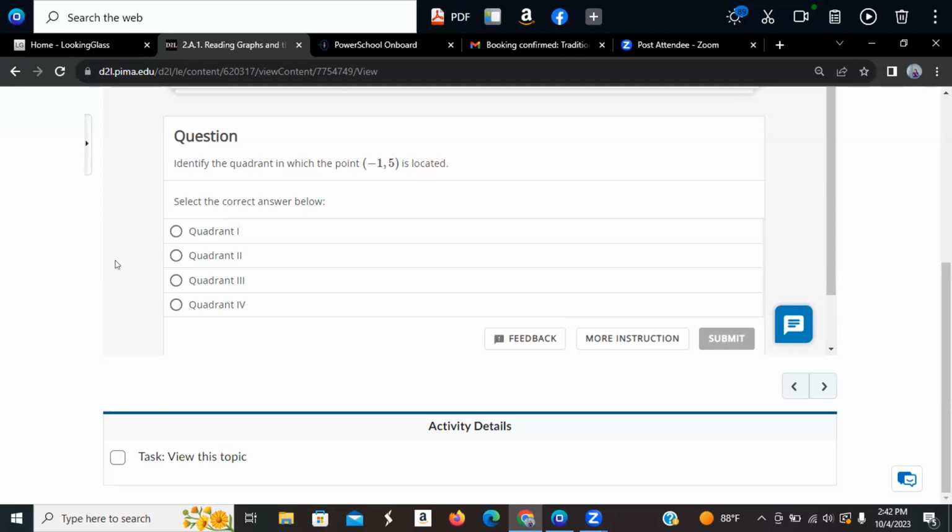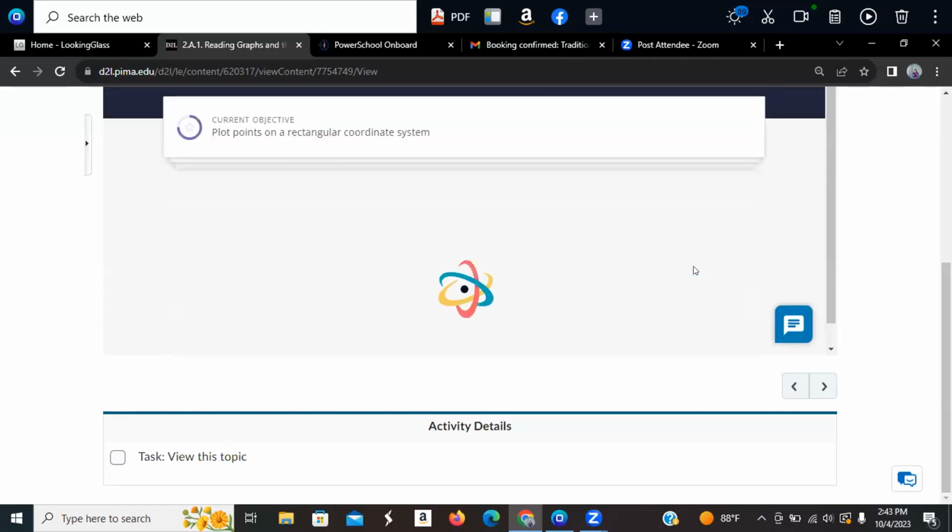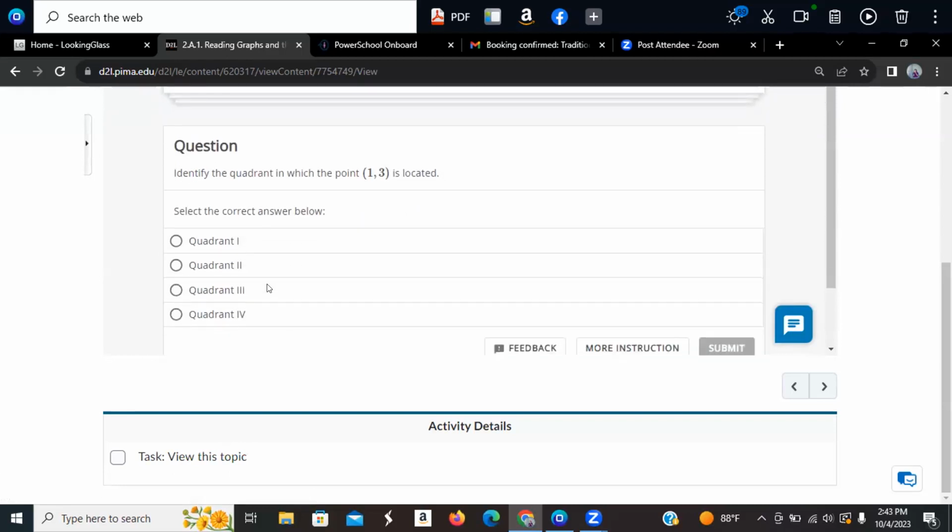It would be in quadrant 2. We want you to have more confidence. Quadrant 2, oh, really. All right. Good job. So try this one also on your own.